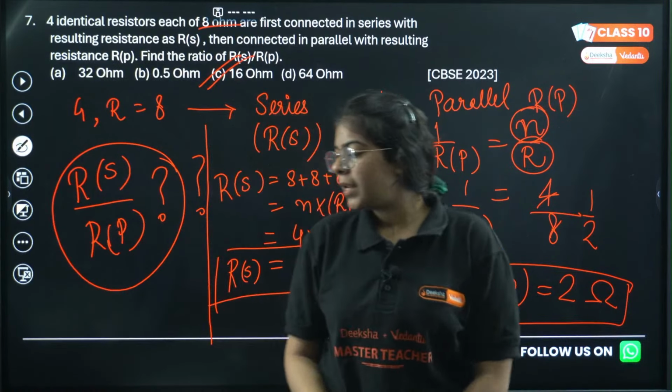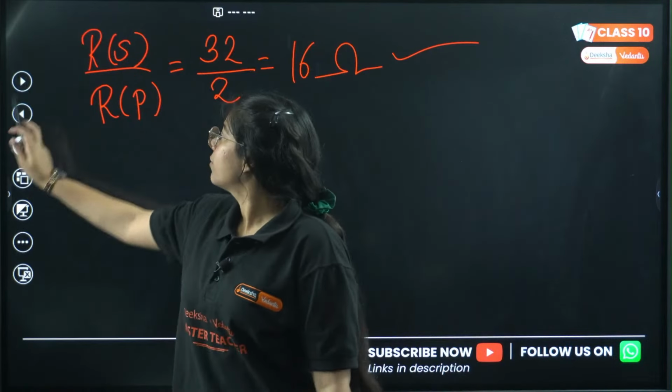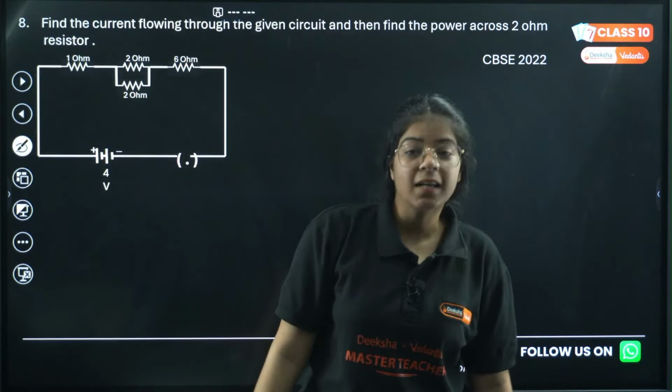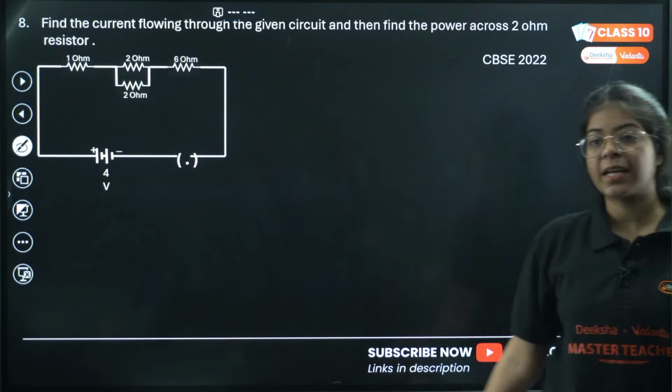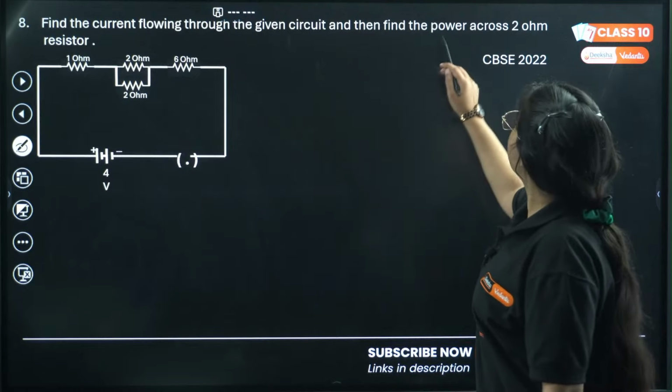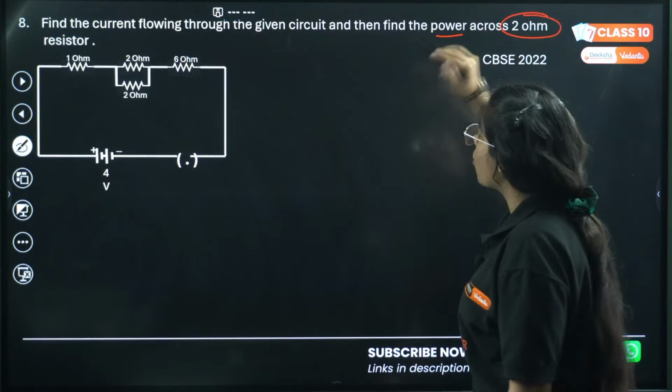Okay? Let's move on to the next question, which says, find the current through the given circuit and then find the power across 2 ohm resistor.